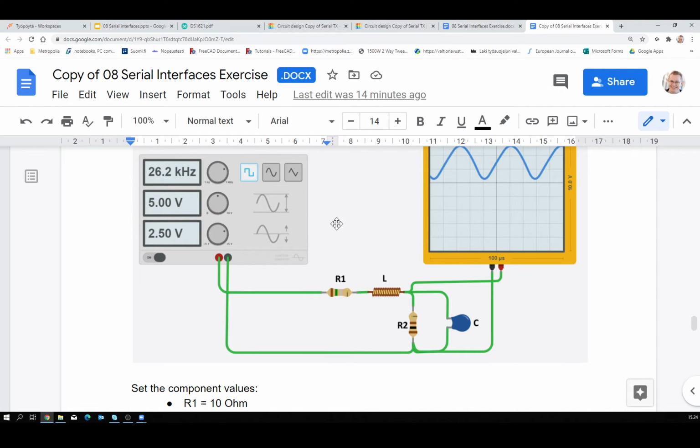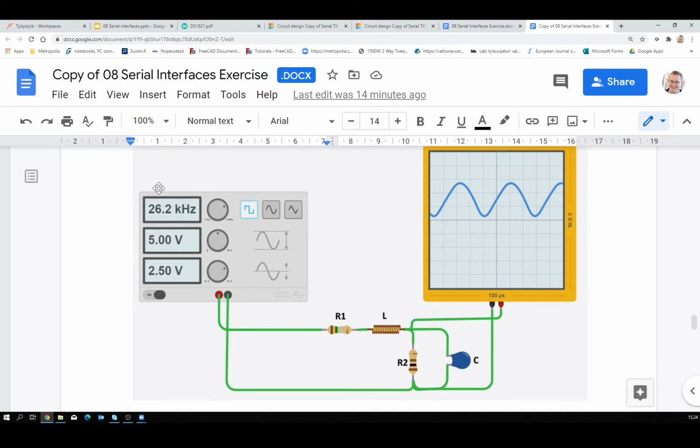You will then use the function generator. Doesn't matter what is the frequency actually, just that it's basically 5 volts signal and 2.5 volts offset, meaning it's a square wave from 0 to 5 volts.